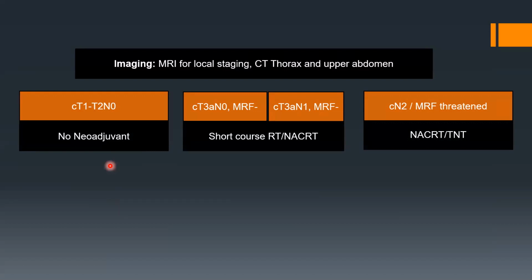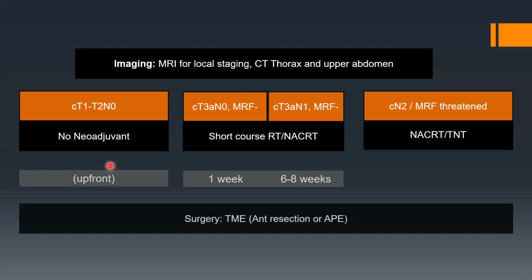If it is a T3 cancer with MRF negative, then in selected patients you can not offer neoadjuvant treatment and go into surgery. But usual practice is to give short course radiotherapy or neoadjuvant chemoradiation. If it is a cN2 or MRF threatened cancer, you can either give total neoadjuvant treatment or neoadjuvant chemoradiation.